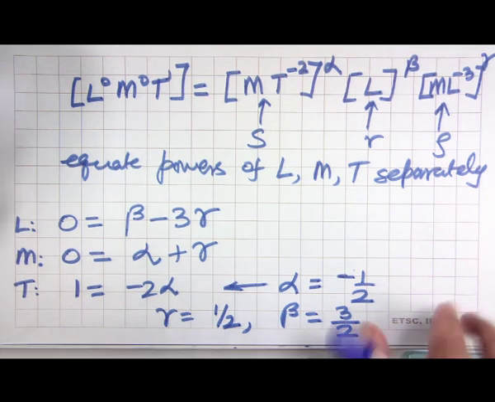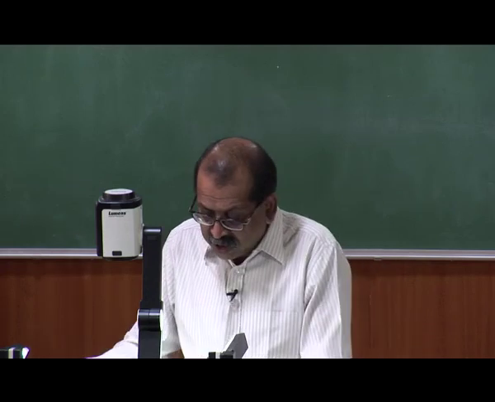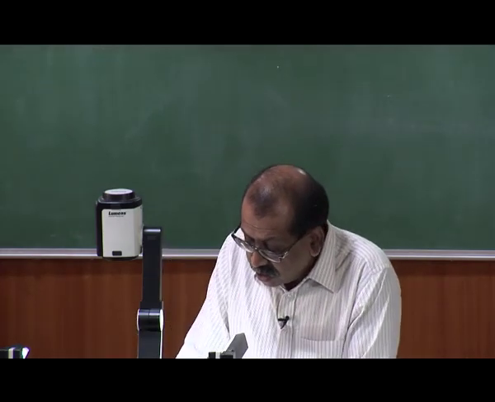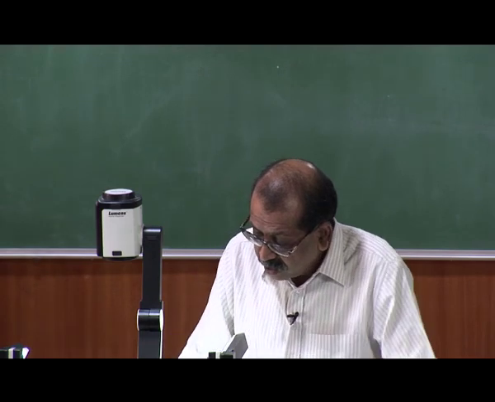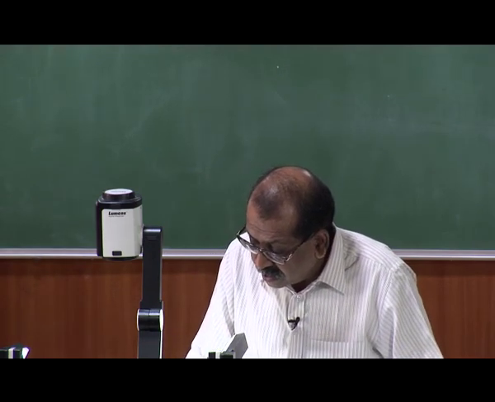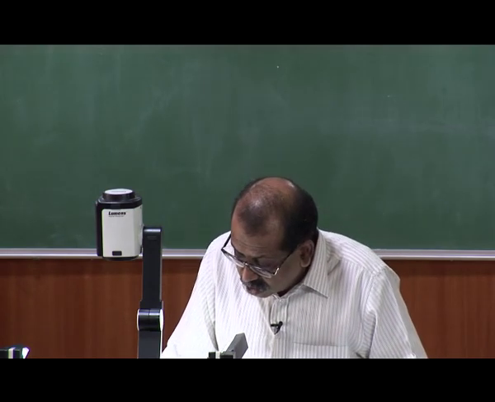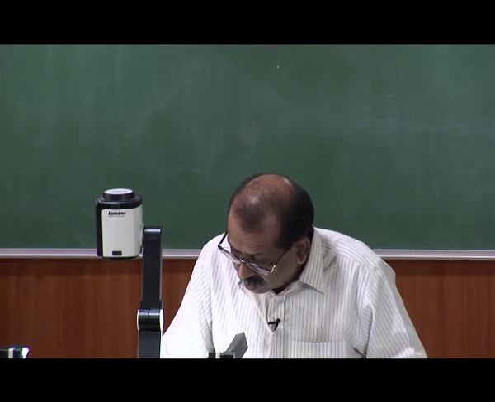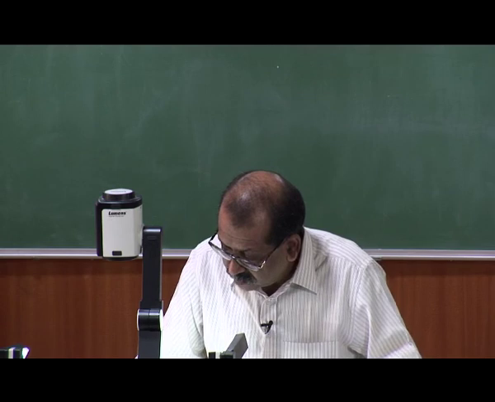So now we go back to the original equation. Our original equation was T is proportional to S to the power alpha, R to the power beta, rho to the power gamma. So this now we can write as T is equal to K times S to the power minus half, R to the power 3 by 2, rho to the power half.